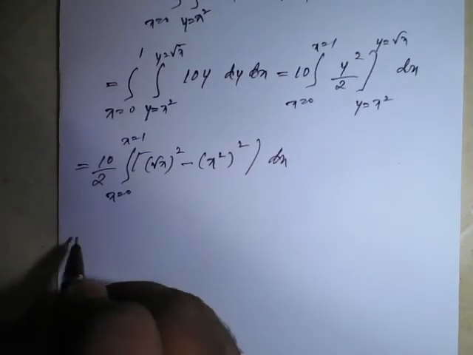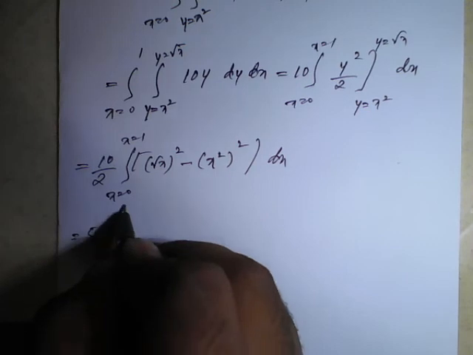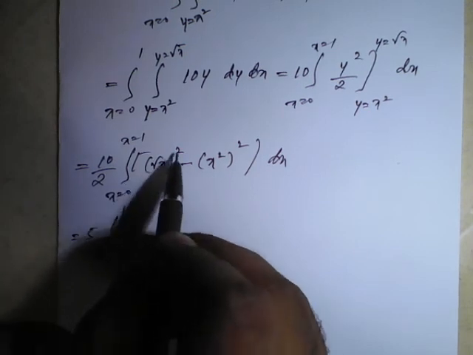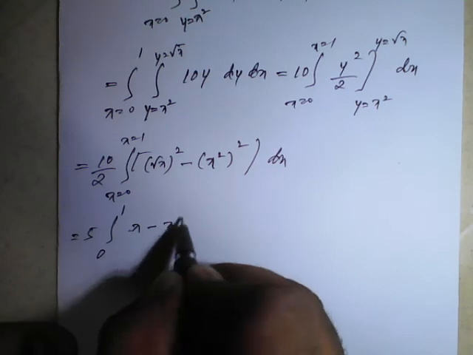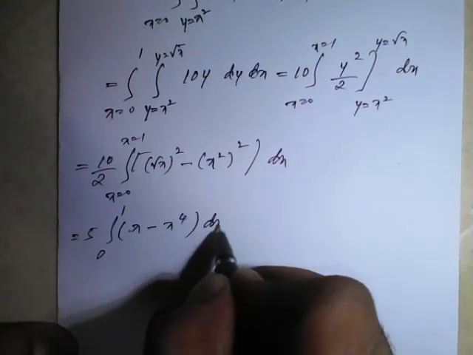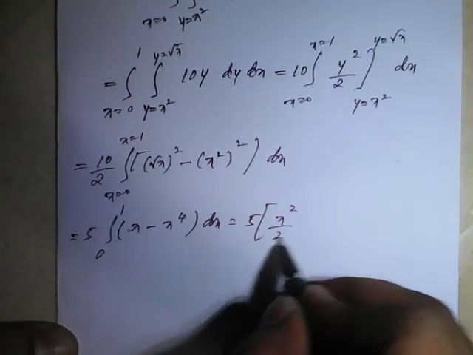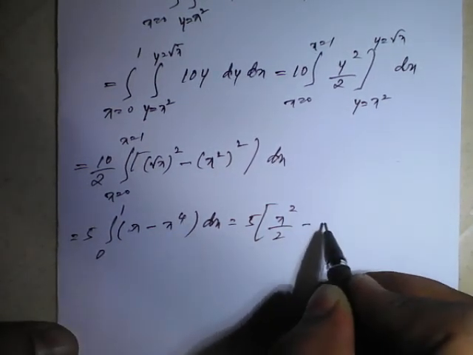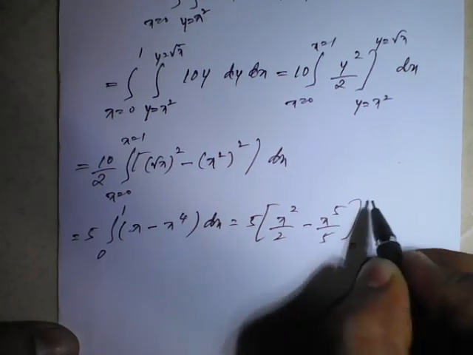So on simplification 10 by 2 will become 5, integration 0 to 1. Root x square will become x, minus x square whole square will become x raised to 4, into dx. Now we integrate with respect to x. So integration of x is x square by 2, minus integration of x raised to 4 is x raised to 5 upon 5, with limits from 0 to 1.